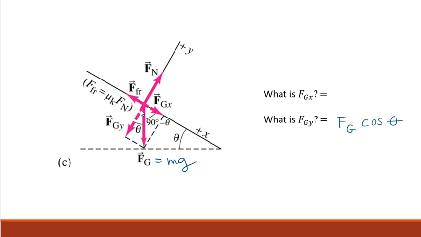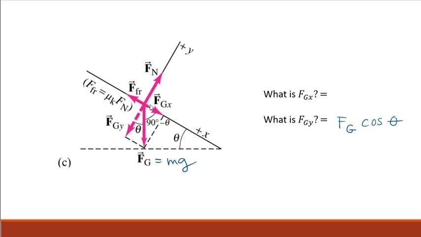This is theta, so this is adjacent. So this vector is FG cosine theta. And is it positive or negative? It's negative. This is positive, and this is the negative direction. So it's supposed to be a negative here.